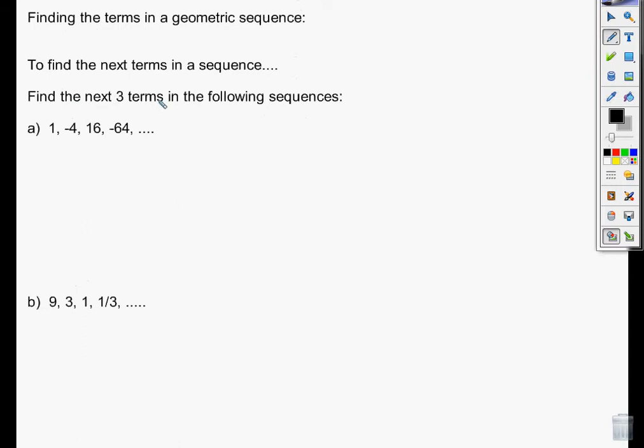All right. Now, to find the next 3 terms in the sequence, we first have to determine what's happening. To go from 1 to -4, I multiplied by -4. And to go from -4 to 16, that's also -4. So I'm multiplying by -4 each time.